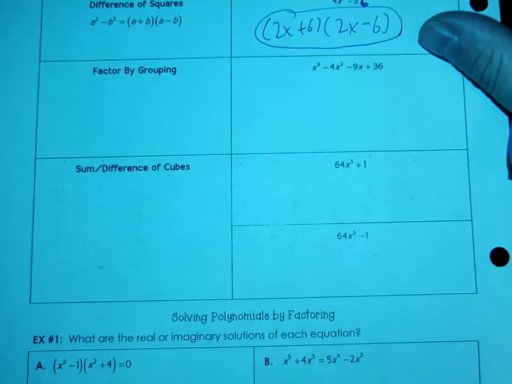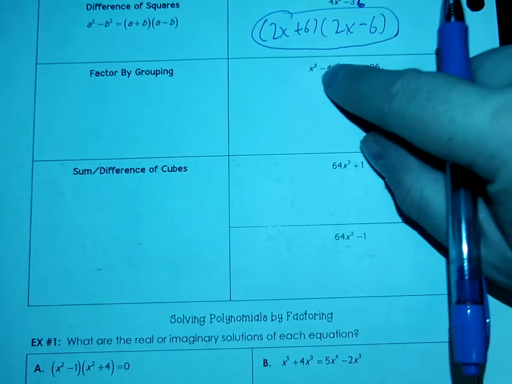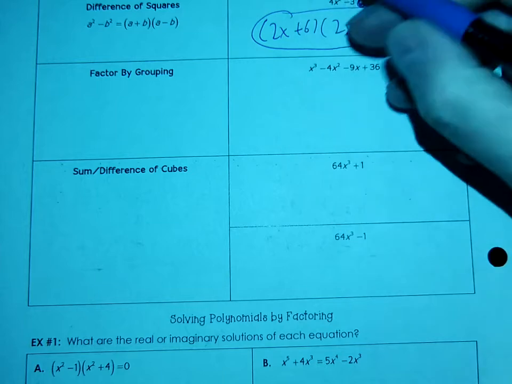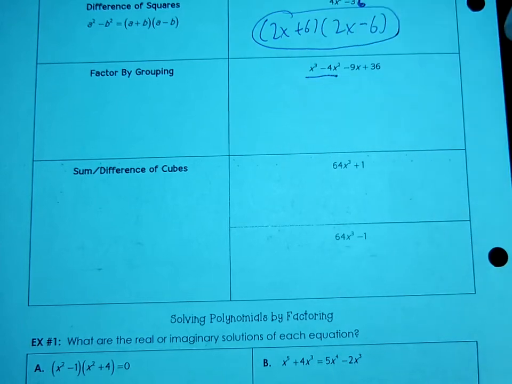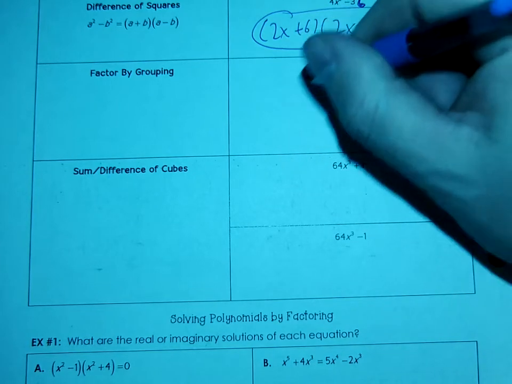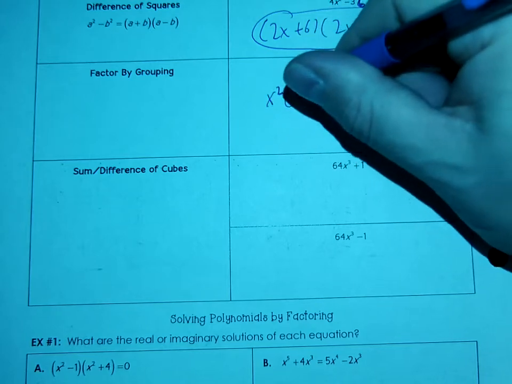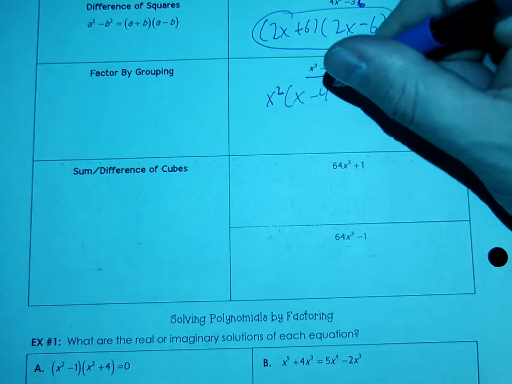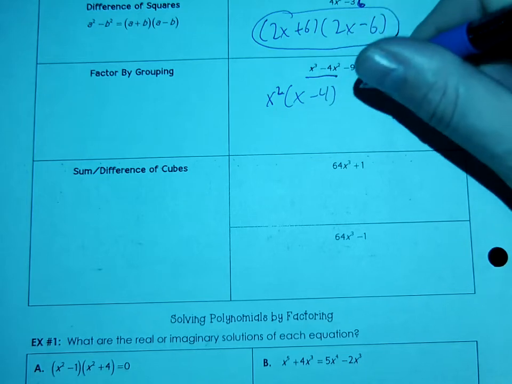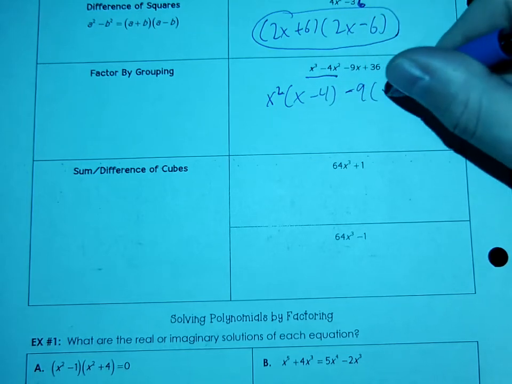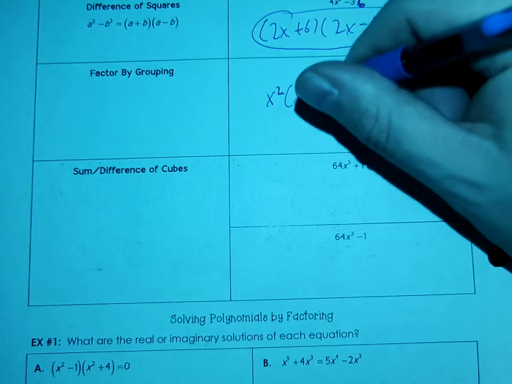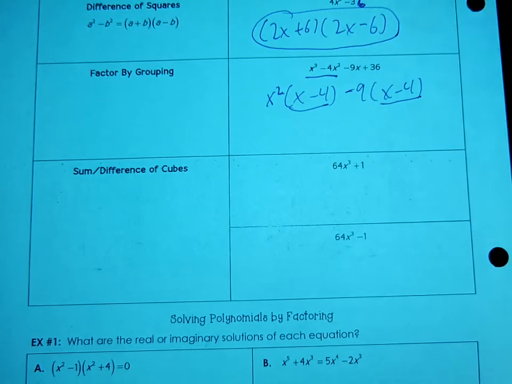Factor by groups. So if you have a cubic with groups, first group, second group, take the first group and pull out the items in common. These both have an x squared in common, times x minus 4. These both divide by 9, minus 9 times x minus 4. The important thing with this method is that these two items match.